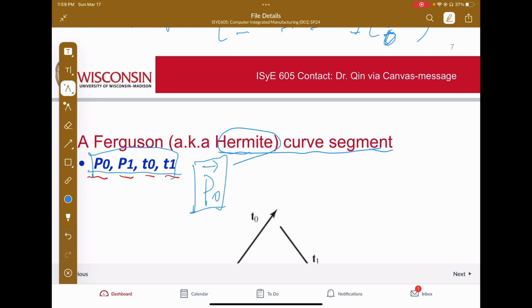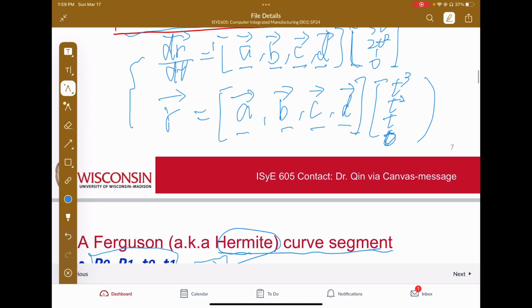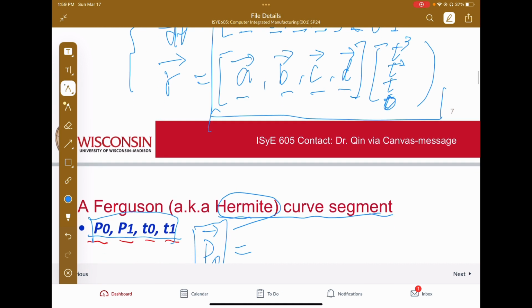This vector should be equal to the right part, which is at t equals 0.